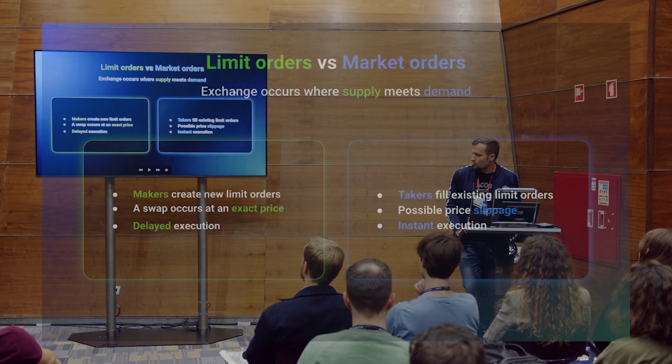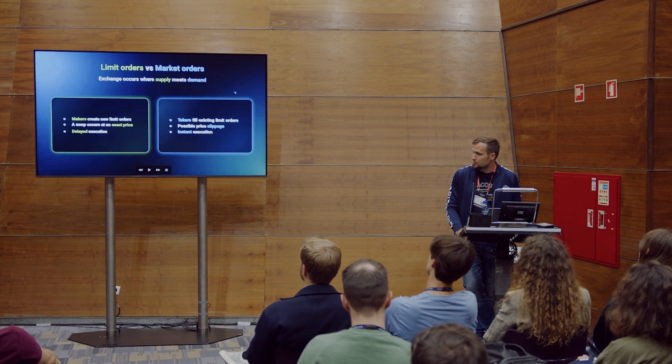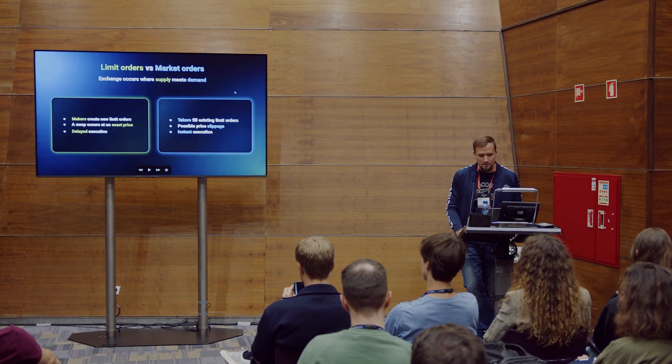Those who make the proposals first are called market makers, and those who agree to these proposals are takers. There are some differences. Makers usually offer their orders at some desired prices, and takers can fill multiple orders of different prices.